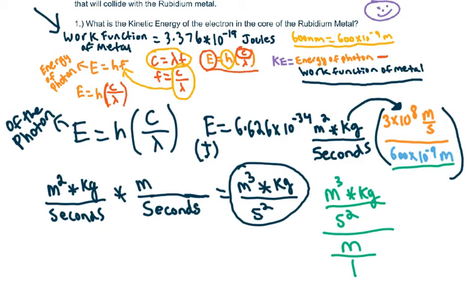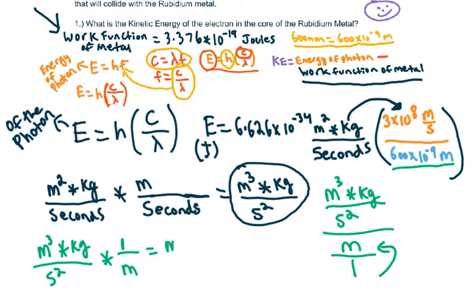And whenever you divide like this, we can flip the denominator when we bring it up to the top. So we have meters cubed times kilograms over seconds squared, and then we multiply by 1 over meters, the reciprocal of meters over 1. And if we do this, let's combine these two together so we can see it more clearly.